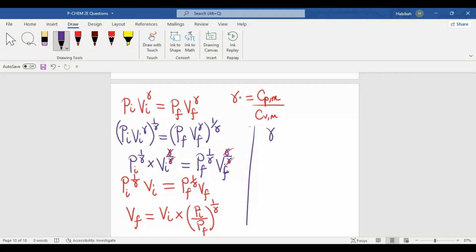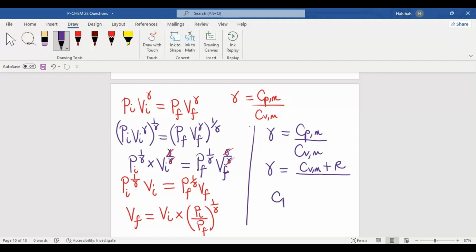We have gamma equals Cp,m divided by Cv,m. So Cp,m is also the same thing as Cv,m plus R. This is a short thing, right?